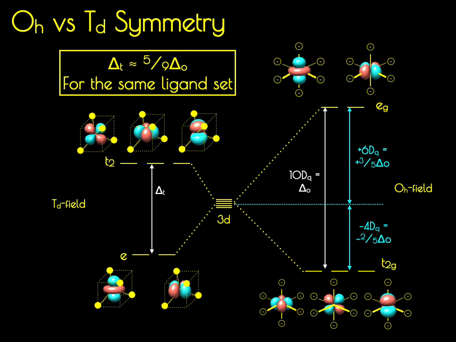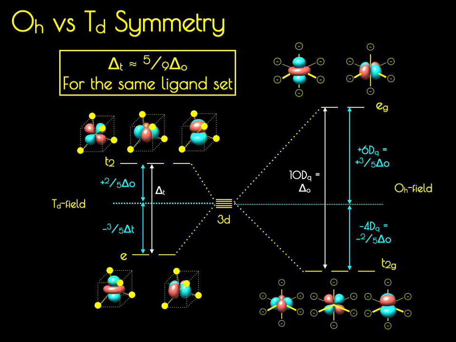Delta T is approximately 4/9 delta O if you have the same ligand set, so chloride for chloride in this case. Energy is conserved about that barycenter, so the T2 orbitals go up 2/5 delta T in energy, while the E orbitals go down 3/5 delta T in energy.